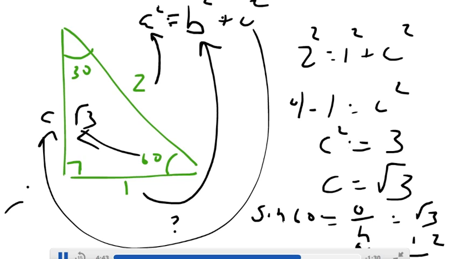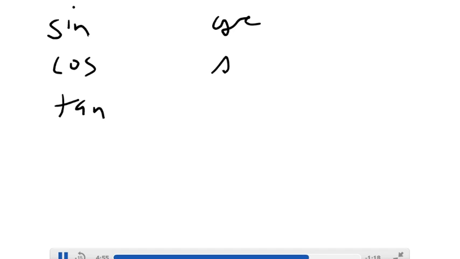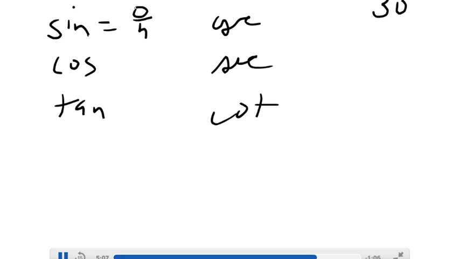So for the assignment problems where we're asked to do things like what is the sine, cosine, tangent, cosecant, secant, cotangent, let's go ahead and do 30 degrees since we just did 60. Well, this is opposite over hypotenuse.